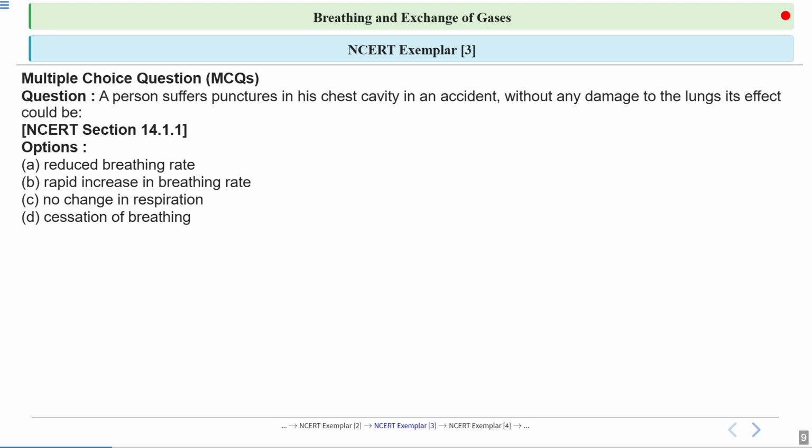A, reduce the breathing rate. B, rapid increase in breathing rate. C, no change in respiration. D, cessation of breathing, right? Cessation means stoppage of the breathing. This question is coming from the NCERT section 14.1.1, right? Let us see the answer of this question.